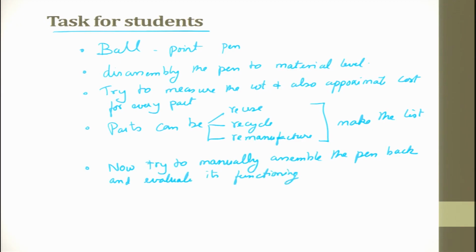You will see a lot of challenges will be there, and it will be very surprising to see that many a time it will not even function. Then on top of it, when we have made parts that can be recycled, you have stripped it to the last mile, right, to the material level.